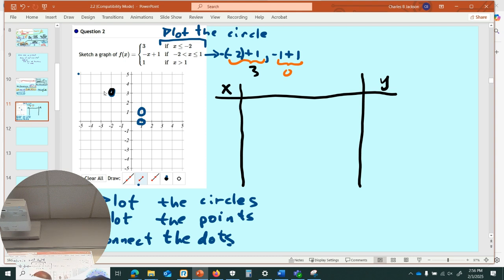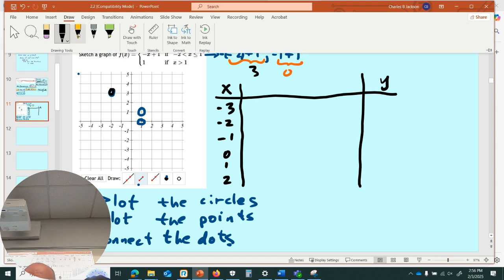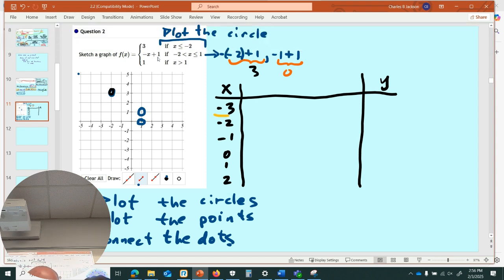So -3 down to 2. -3, -2, -1, 0, 1, 2, right? And here's where we pay attention to what rules actually apply to which x values.